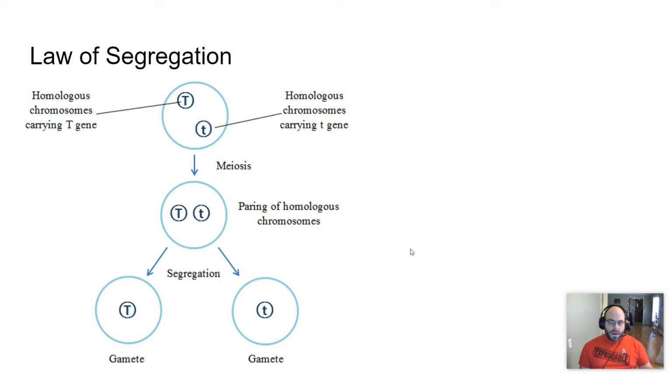Remember, meiosis 1 and meiosis 2, and eventually that big T and that little t, the one that mom and dad both gave you, are going to separate. That means that you have an equal chance of giving that big T away as you do that little t. So that little t could somehow come back and express itself later. My mom has blonde hair, my dad has brown hair, I have brown hair, but I have a child with blonde hair because I had a blonde hair allele to pass down.